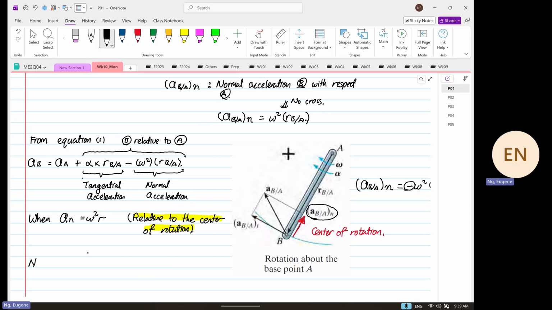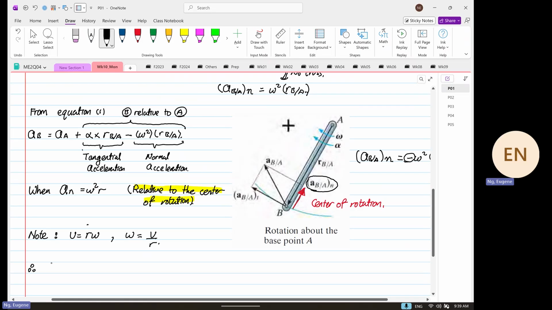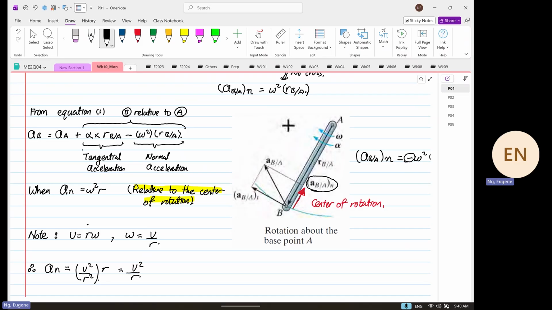Note we are also aware that velocity is equal to r omega, and omega is equal to v over r. So therefore the acceleration in the normal direction can be written as v squared over r squared multiplied by r, and this is equal to v squared over r. Again, this is really important. We have to be careful over here.